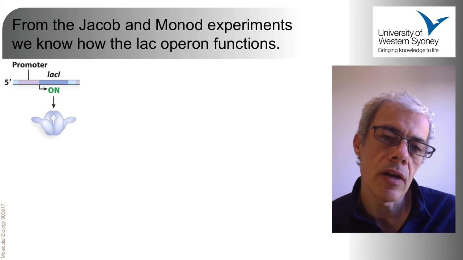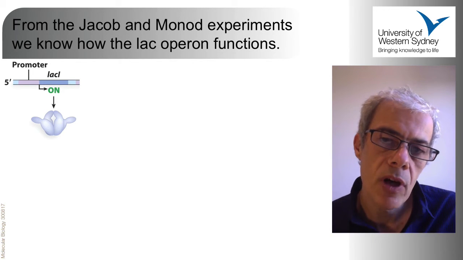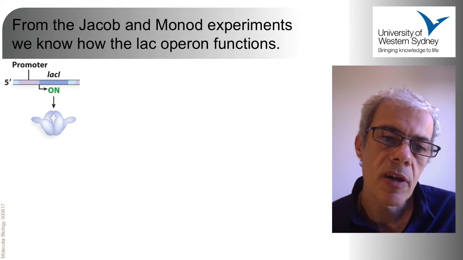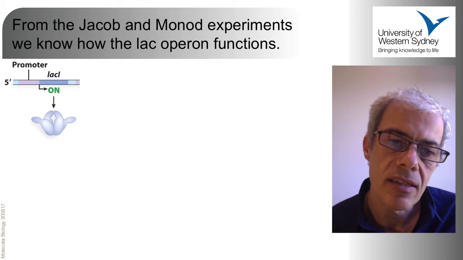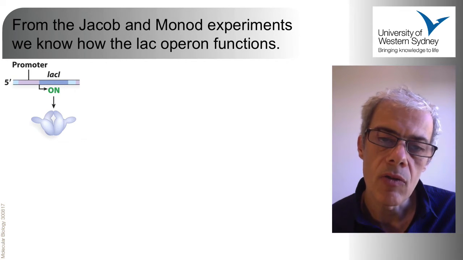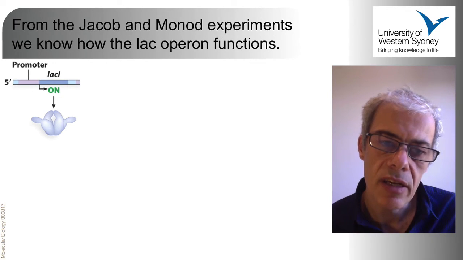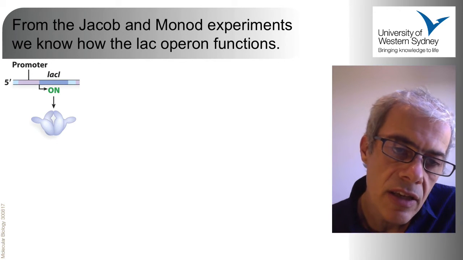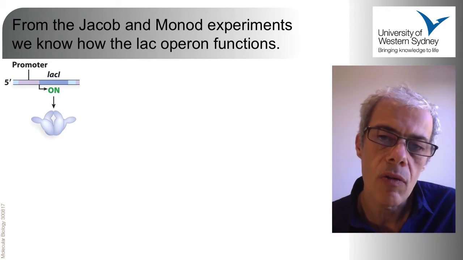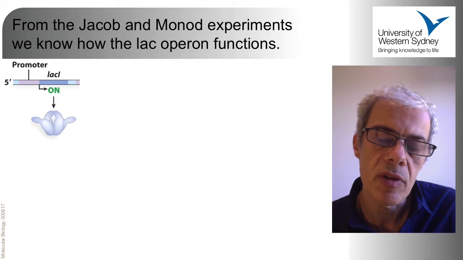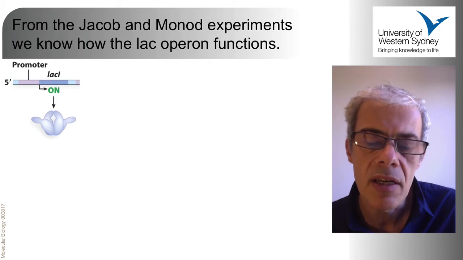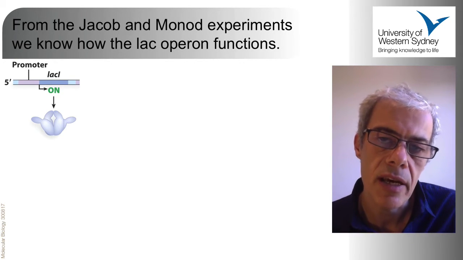So before Jacob and Monod did these experiments, the concept of a protein acting as a repressor or activator for a gene didn't exist. They didn't think of gene regulation in those terms. It wasn't known. I mean, people might suspect, but they hadn't demonstrated that that was the case.